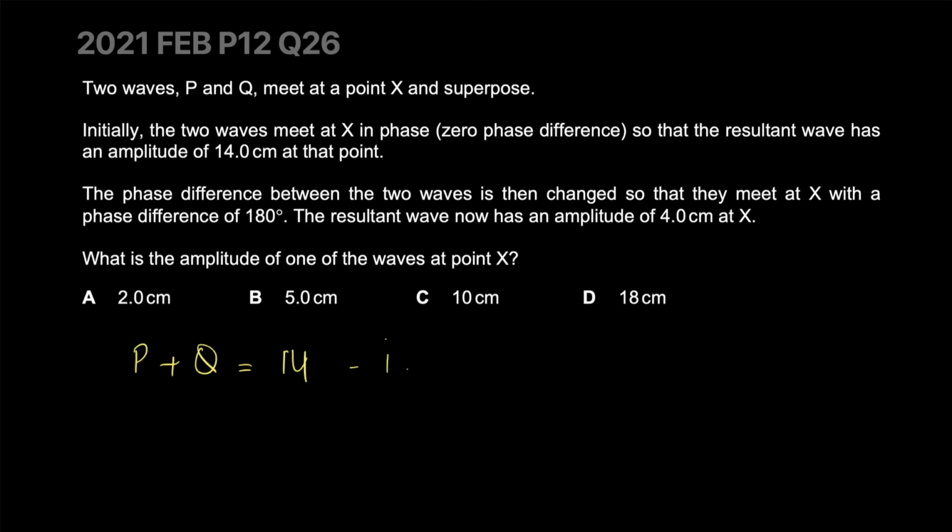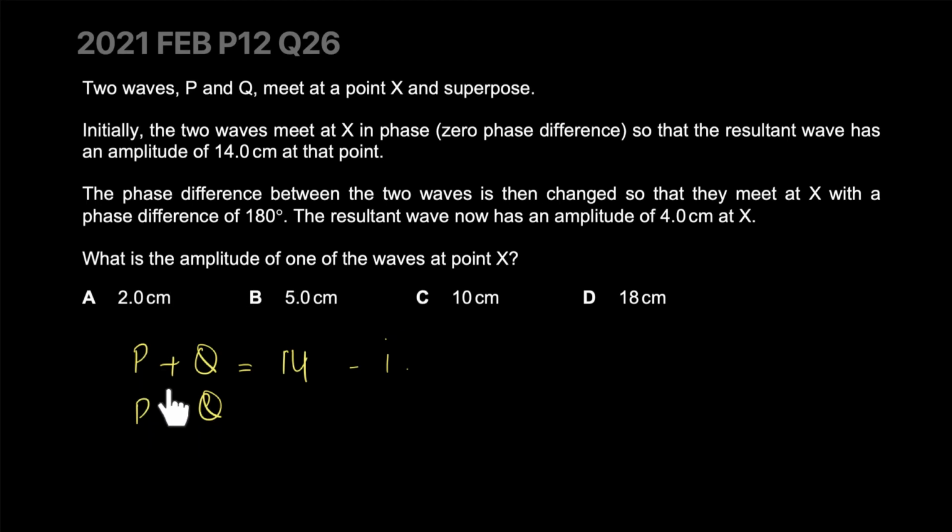It looks like a simultaneous equation. Phase difference between them is 180, and the resultant amplitude is 4. So the difference is P minus Q. It could be Q minus P as well, right? Not too sure there, but it shouldn't matter. What is the amplitude of one of the waves?